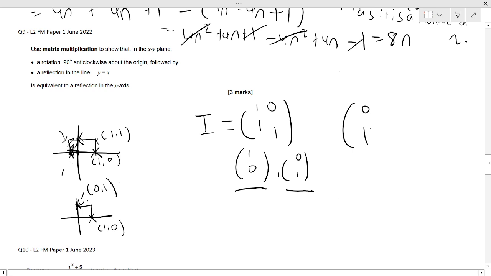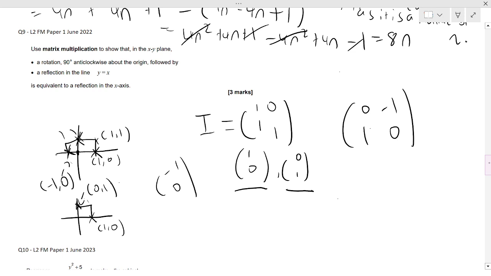It would be this point here, which would be -1, 0. If you can imagine that. It looks a bit messy here, but the square would go here, so that point here would go to here, which is -1, 0. That's where that vertex would go on the new square. So it goes to -1, 0. So it's going to look like this. And that is your rotation matrix, 90 degrees anti-clockwise.